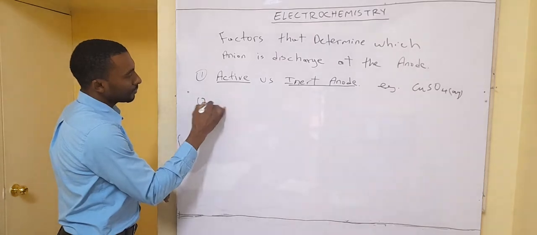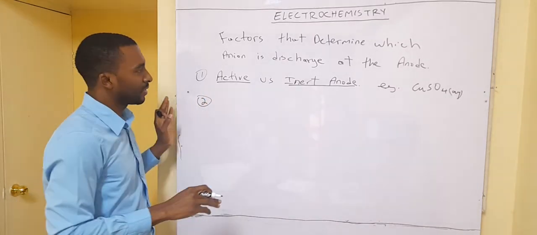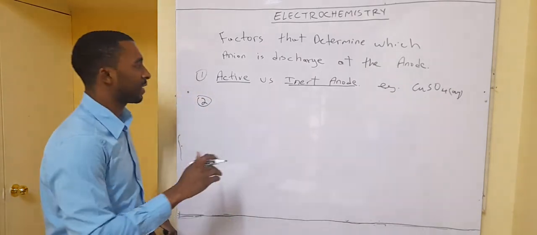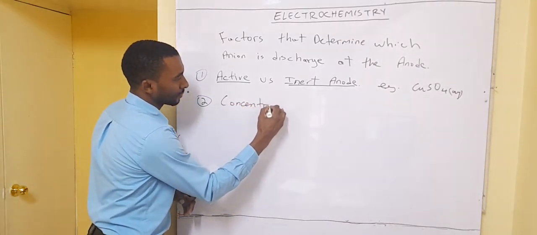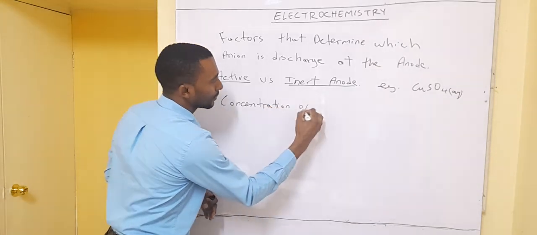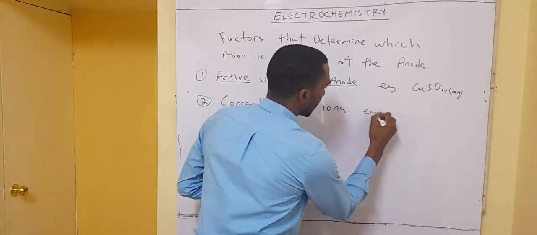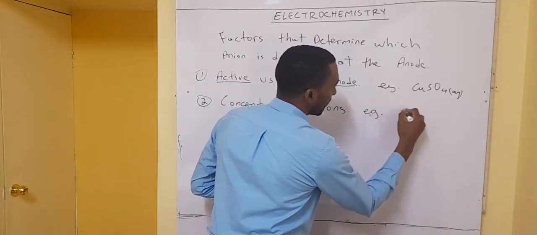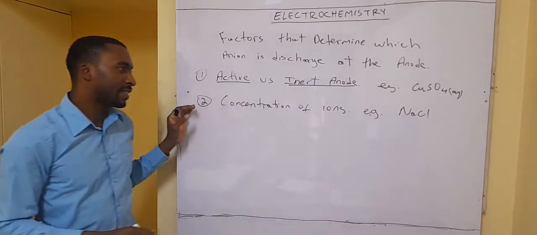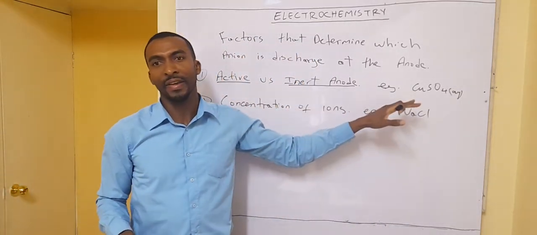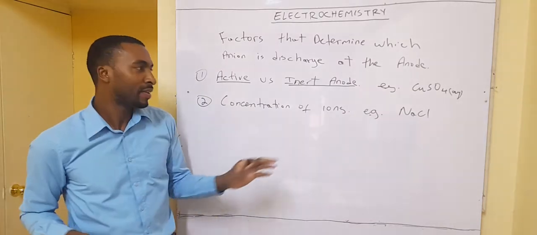Alright, the next factor which will determine which ion will be discharged is the concentration. Example: any solution which contains a halide ion, so sodium chloride, sodium bromide, sodium iodide.